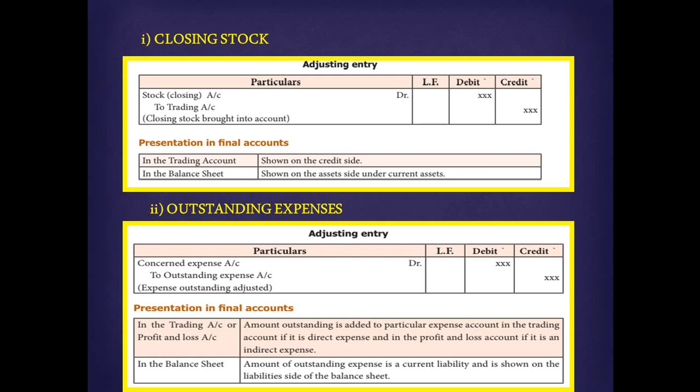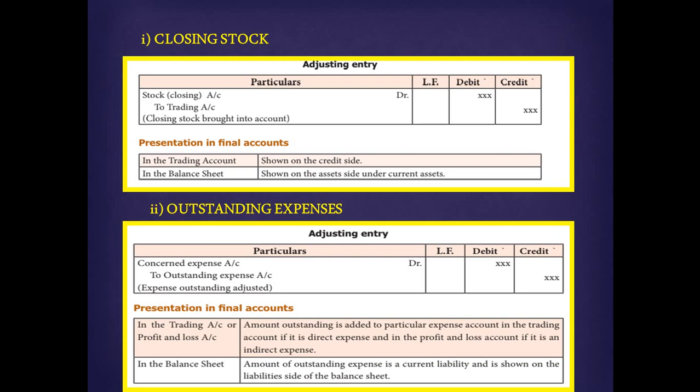The adjustment entry is closing stock account debit to trading account. The value of closing stock will appear on the asset side of the balance sheet and on the credit side of the trading account.